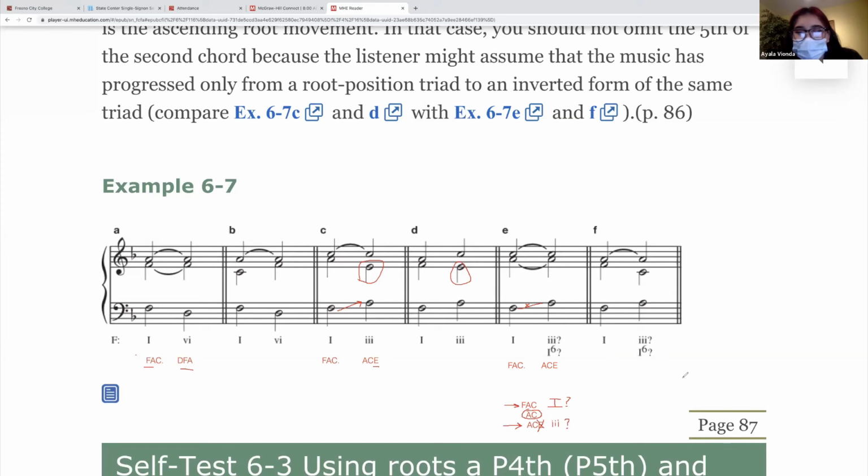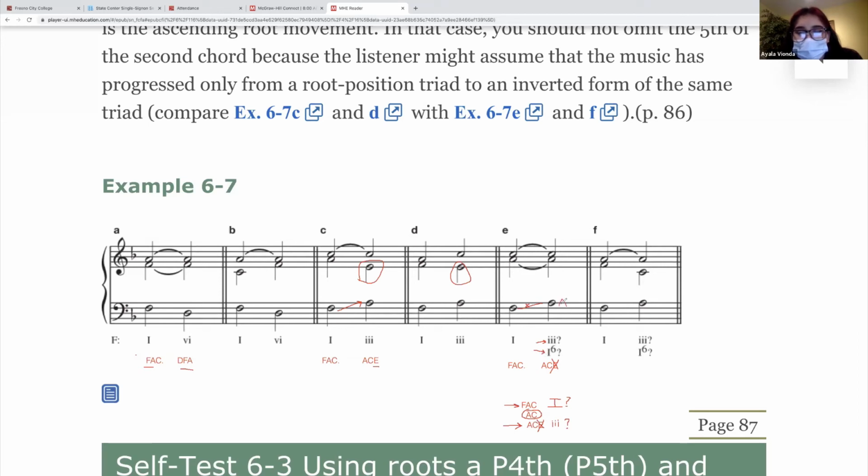Yeah. If we're in 3-part writing, we have soprano, alto, bass. If you skip up in the bass, you can't omit your 5th. If you take that E out of the mix, we don't have enough information to tell us if it's a 3 chord or a 1 chord in first inversion, because we only have 2 pitches.